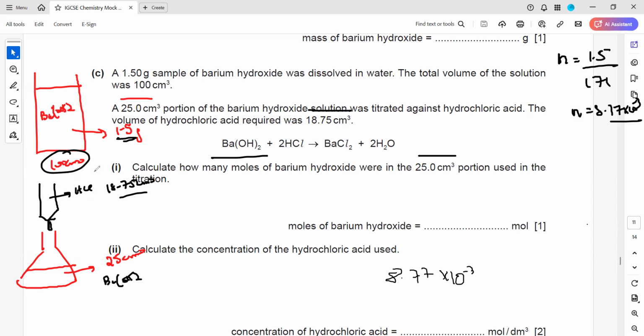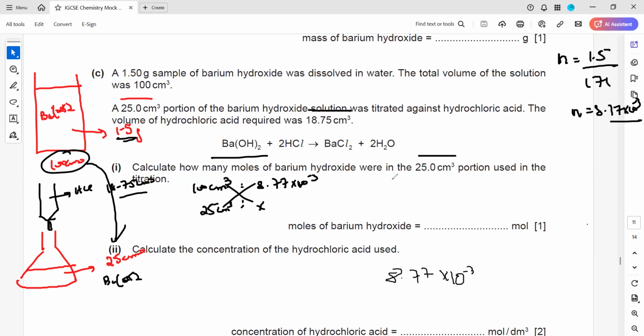We did not take 100 cm cube. We only took 25 out of 100. So if we had 100 cm cube of barium hydroxide solution, it had 8.77 exponent minus 3 moles, but we only took 25 for our reaction. So 25 will have x. Cross multiply: 25 into 8.77 exponent minus 3 divided by 100.